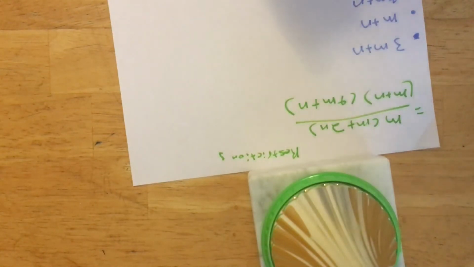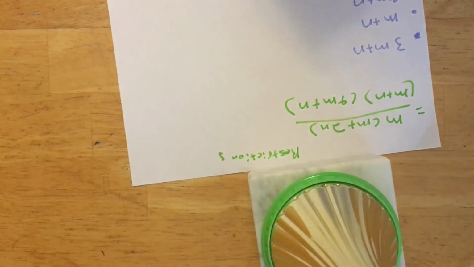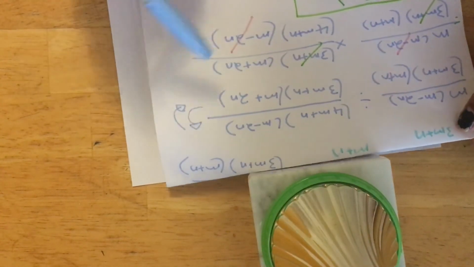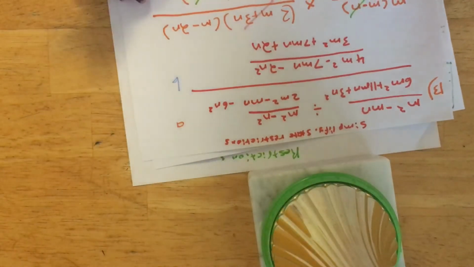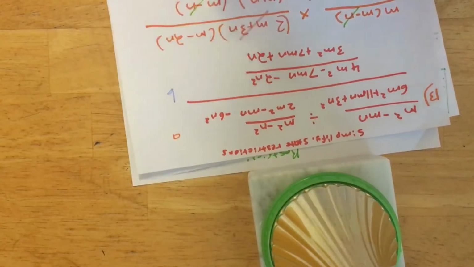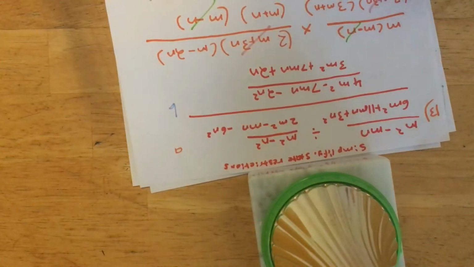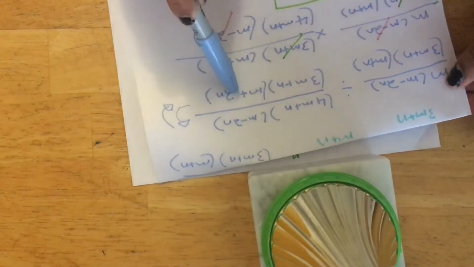Then we had m - n. I'm going to show you where that is in a second. m + 2n and 2m + 3n. So m - n, where was m - n? m - n was over there, 2m + 3n was over there, and m + 2n was right over there.